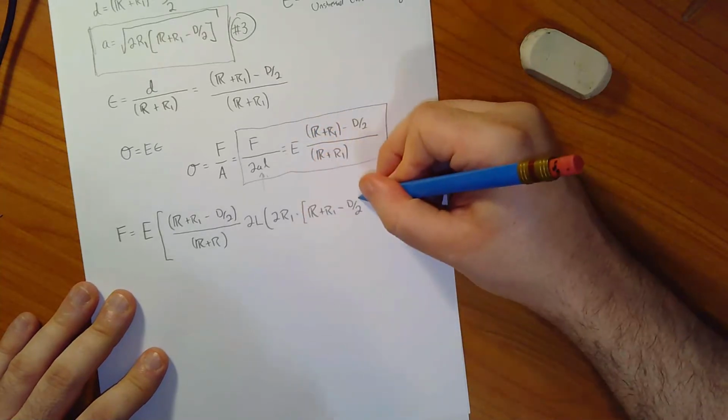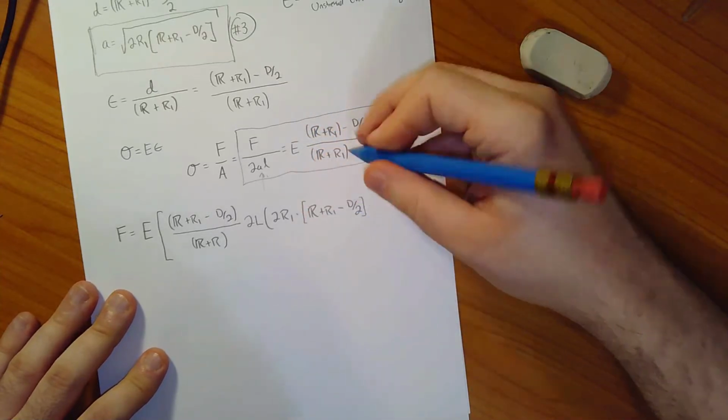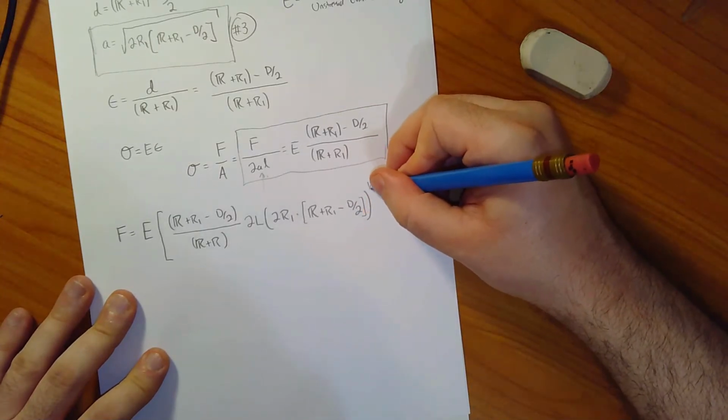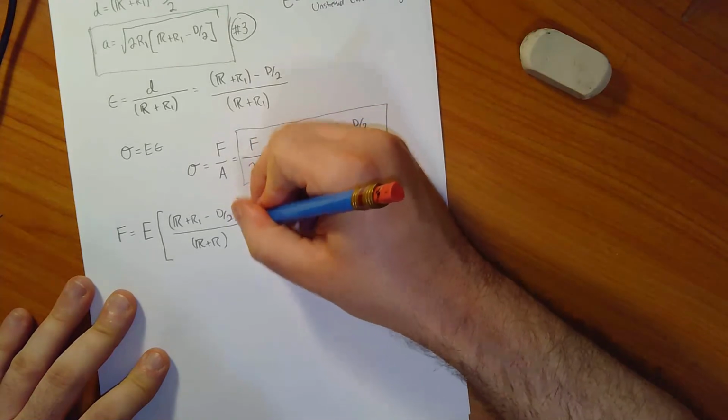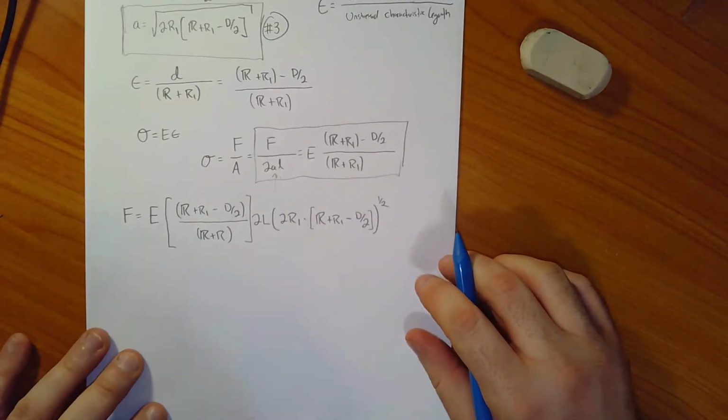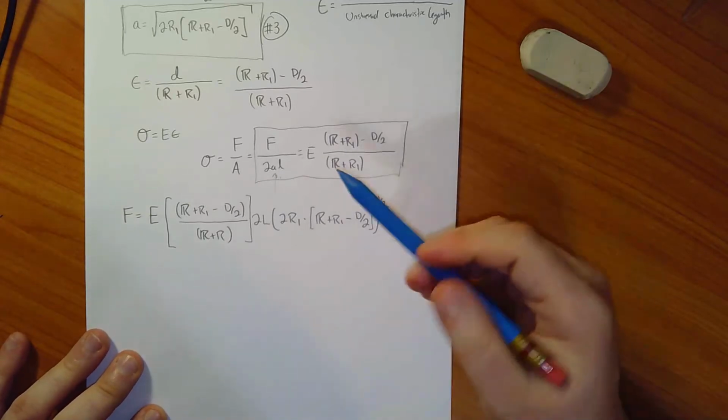And let me put this in parentheses, and then this is going to be raised to the 1/2 power, and then I need an appropriate closing parenthesis there. Okay, so that's the expression that I should ultimately get when I plug in.